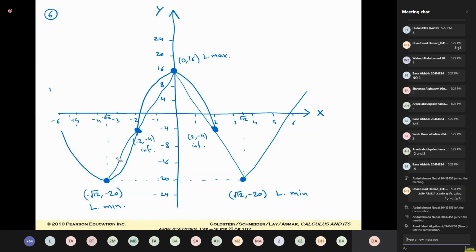So remove this one, sorry, this one. Look at this inflection: it changes from concave up to down. And from 2 to infinity we have concave up, like this.